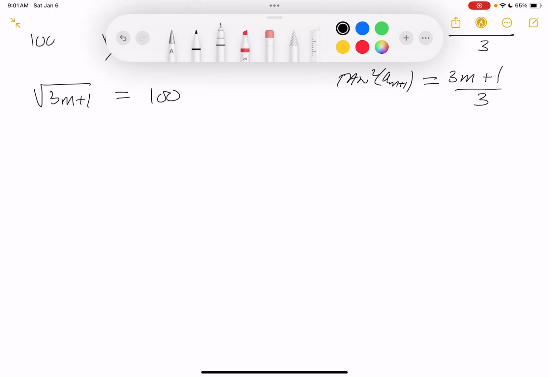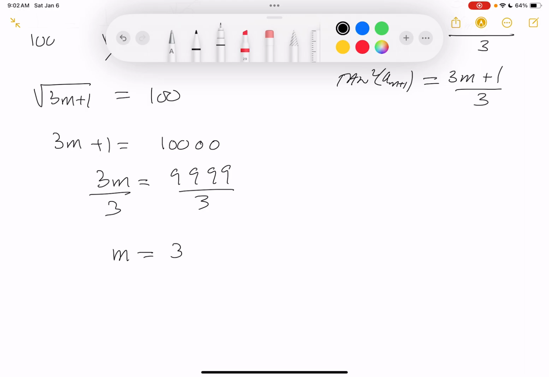I'm going to square both sides, and you get 3m plus 1 equals 100 squared. Then I'm going to subtract 1 from both sides, and you get 9,999. Then I'm going to divide both sides by 3, and you get m equals 3,333. Remarkable.